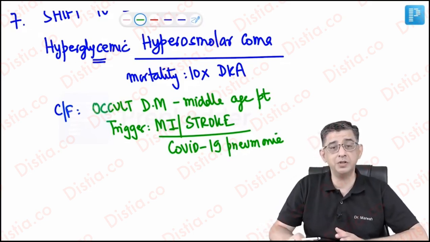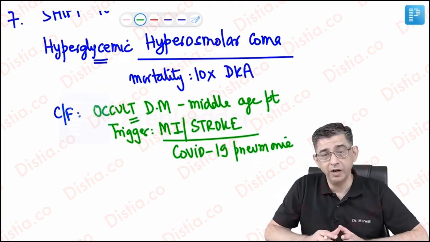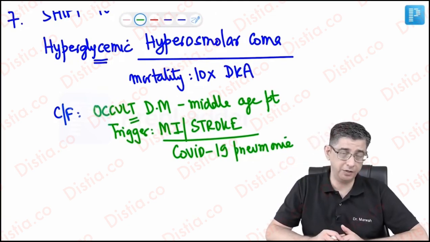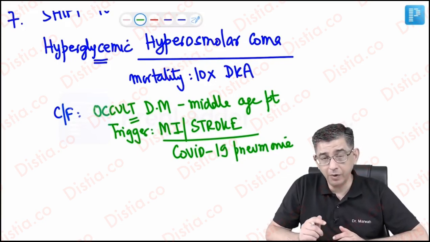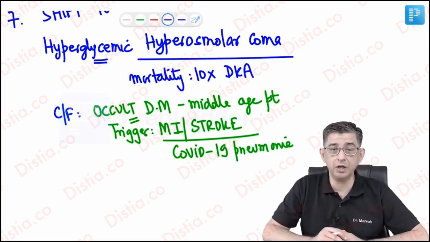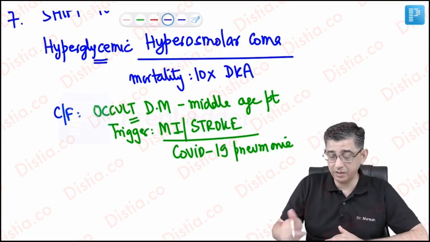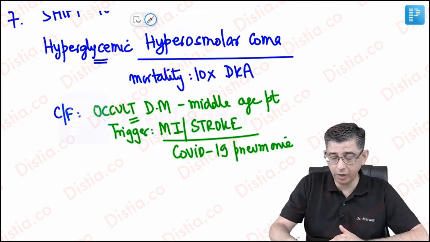But the problem in these patients is that because he has undiagnosed diabetes mellitus, there's a relative insulin deficiency. In diabetic ketoacidosis, I was using the term absolute insulin deficiency. Here I'm saying relative because the problem is with the receptors primarily, and there's a sudden increase in the energy requirement of the body.